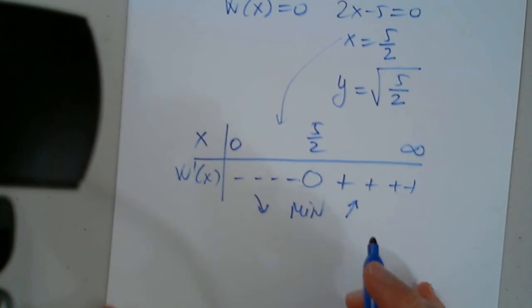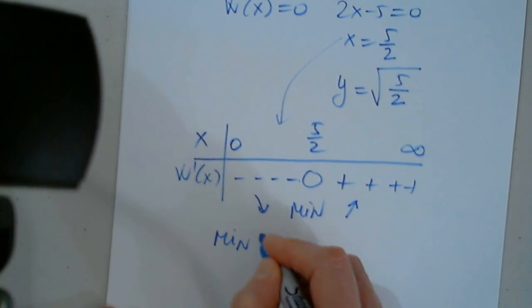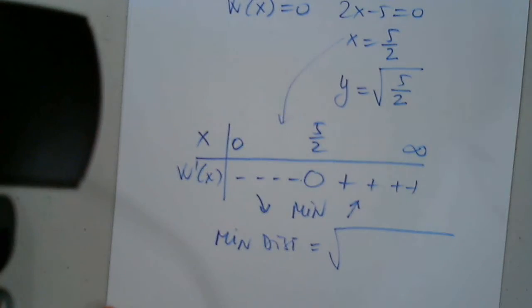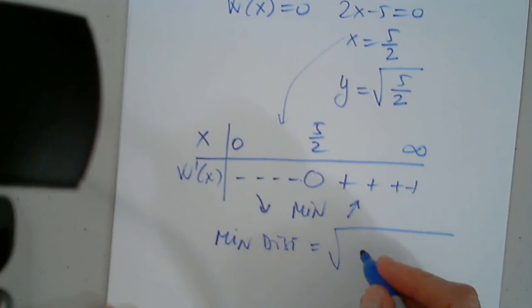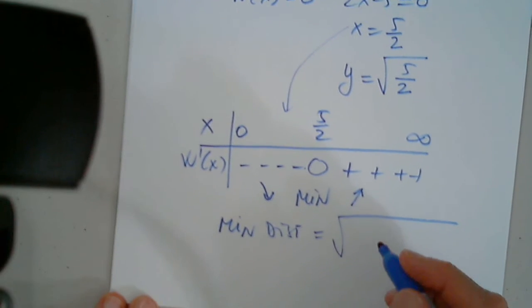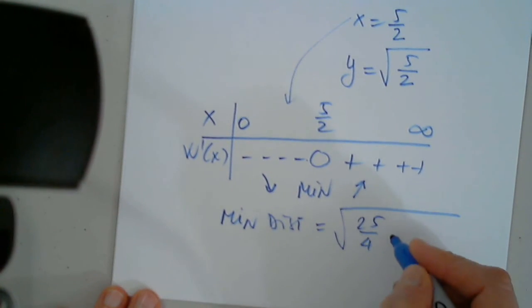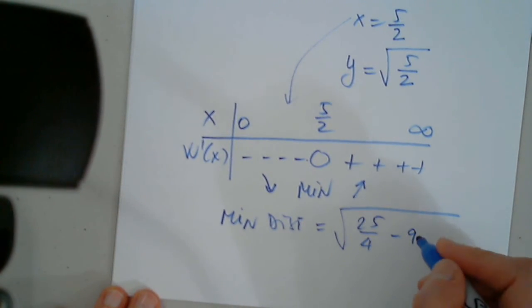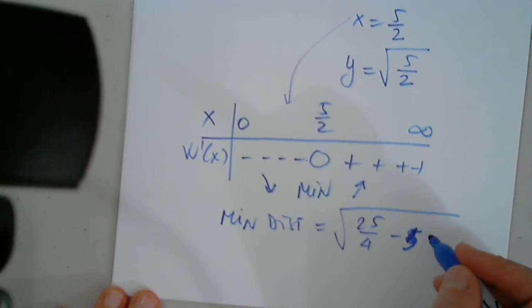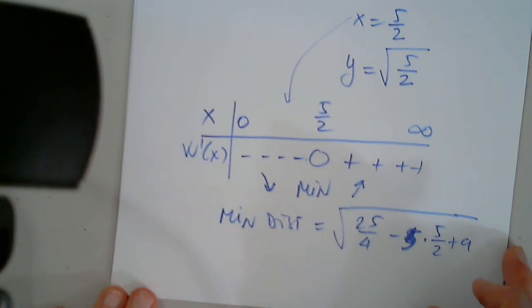If I'm asked to find the minimum, the distance will be the square root of, I have it right there, 5 halves squared, 25 over 4, minus 9, no, it's minus 6, sorry. It's minus 5 actually, simplified form. Minus 5 times 5 halves and plus 9, and we'll calculate that.